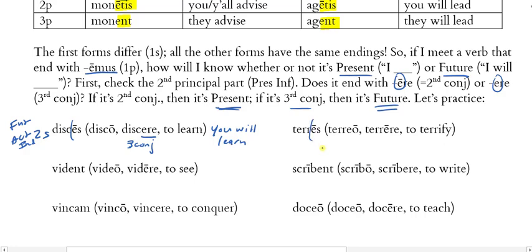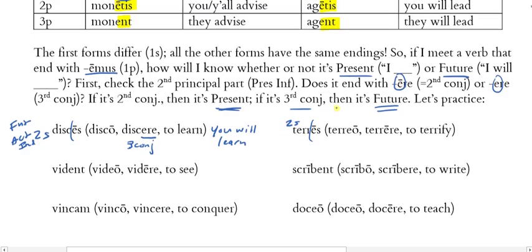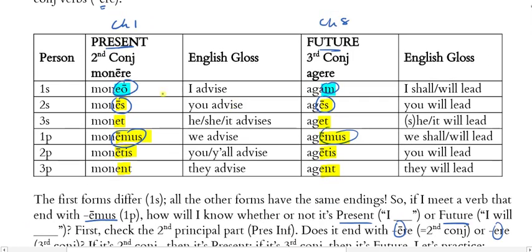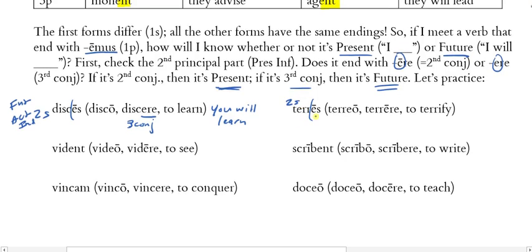Now let's contrast this with terres. Here's the -es ending. Again, -es endings, that long E, are second singular, okay? But depending on whether they're second or third conjugation, they could be present or future, right? Well, how do I know? Go to the principal parts. Look at your second principal part: terrēre. And notice that it's got the long E. What conjugation pattern is this?